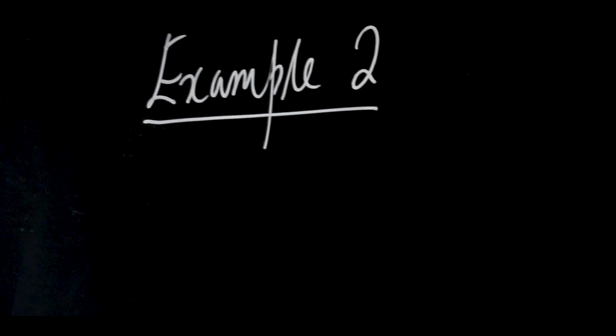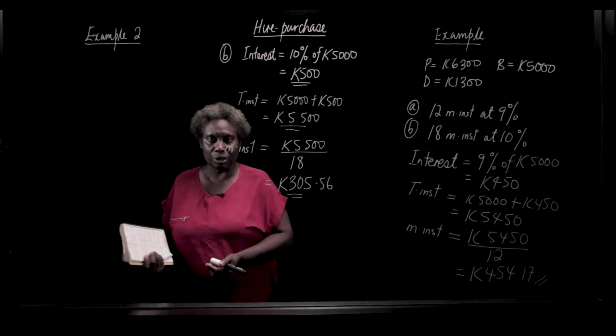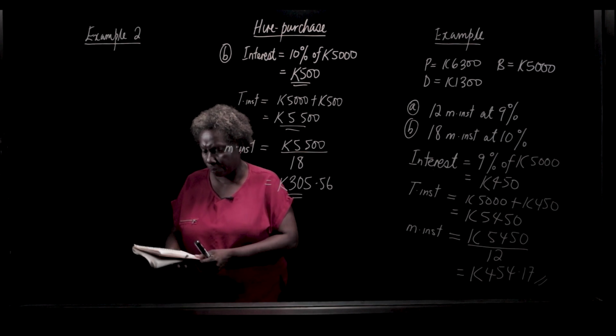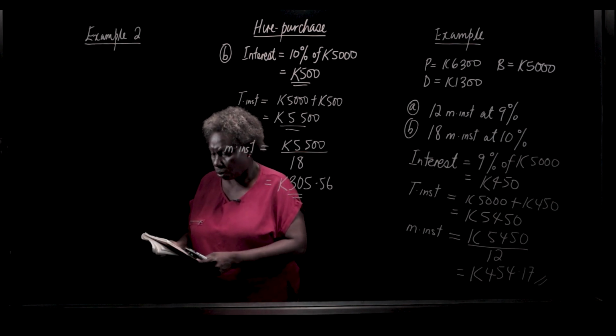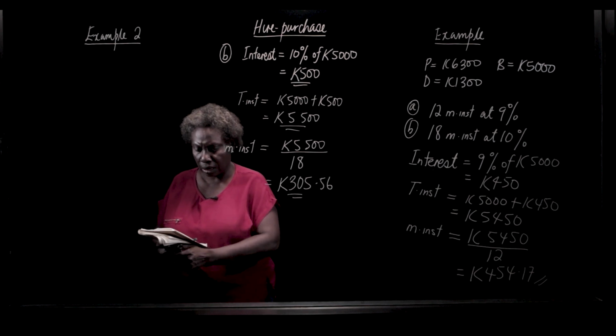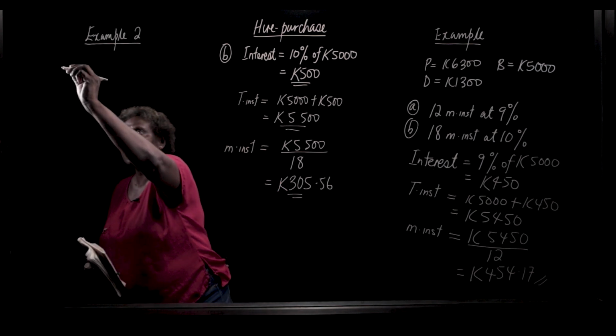In example 2, we are going to find out the interest that is going to be made. Joe bought a fridge costing 4,500 kina.